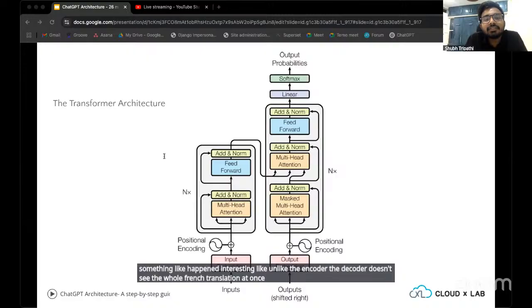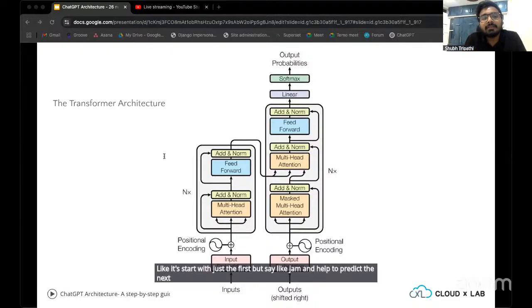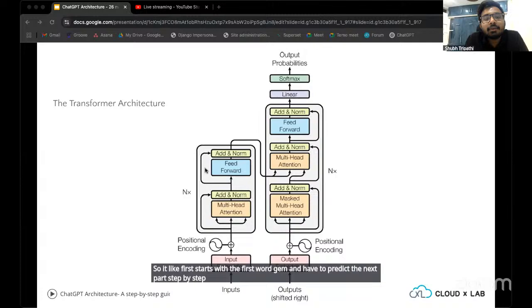It starts with just the first word, say "jam", which I suppose represents "I love", and has to predict the next word step by step. During training, the model is given the full correct output sentence, "jam, less, transformers". I'm not sure what the translation will be, but somehow that.